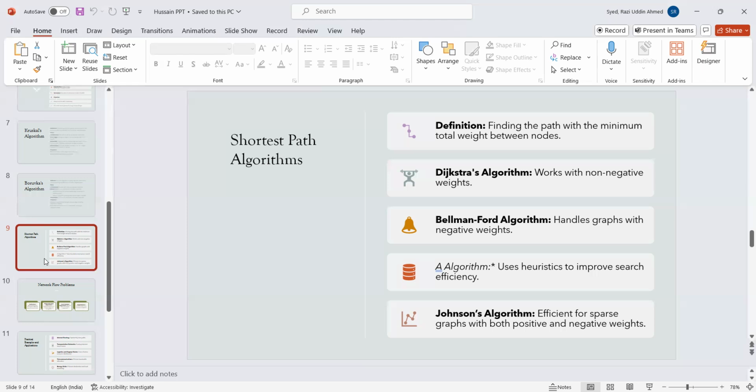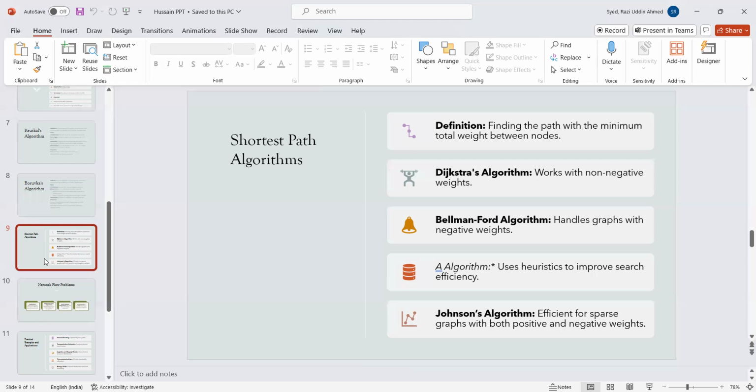Update distances for all edges and detect negative weight cycles. It can handle negative weights but is slower than Dijkstra's. For example, finding the shortest path in a financial network where some paths might have negative cost.